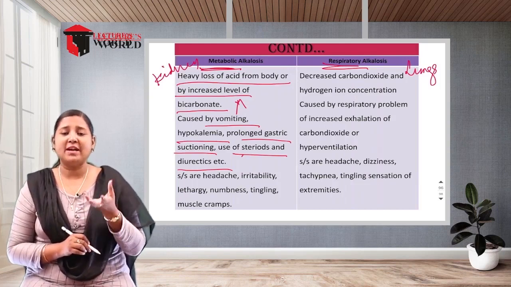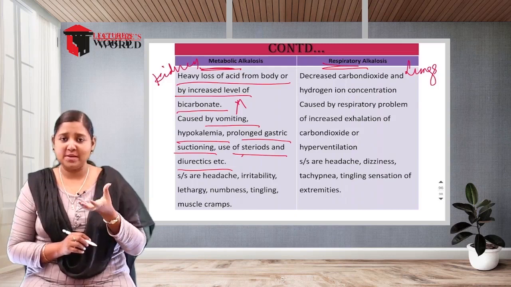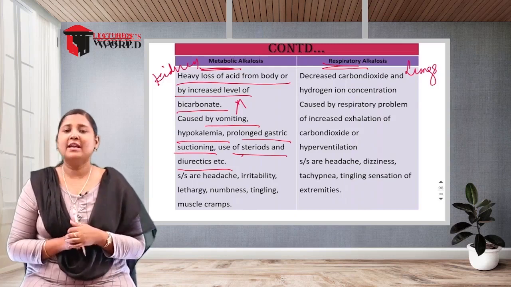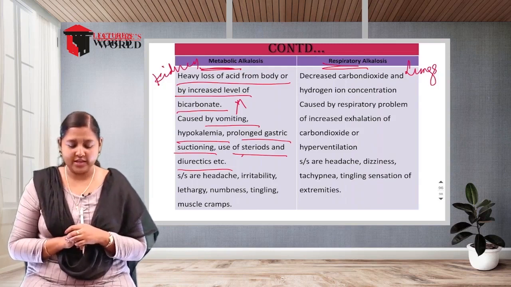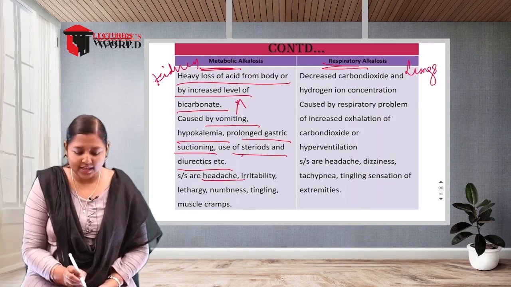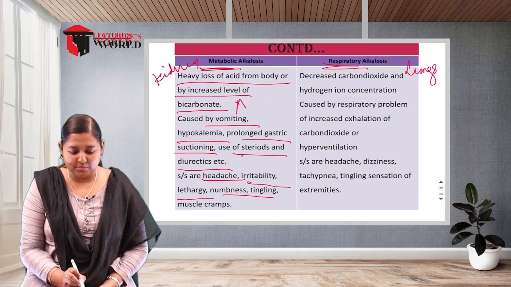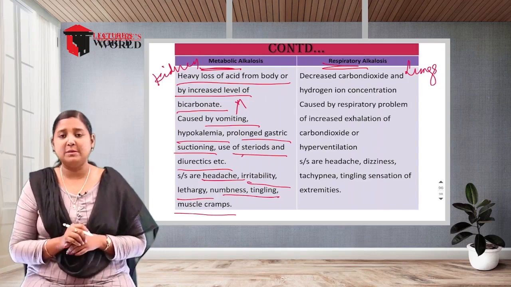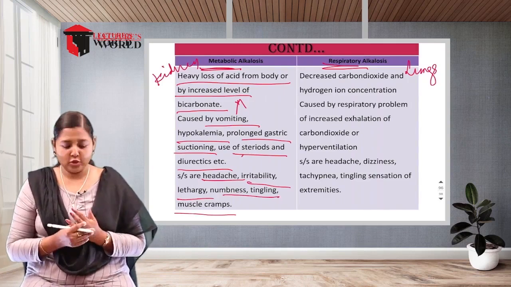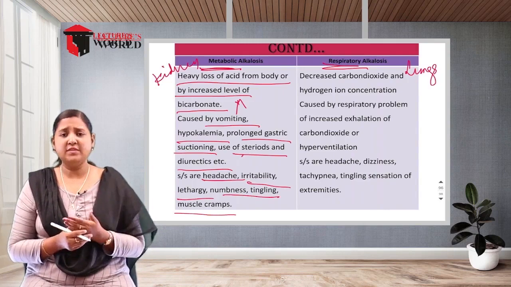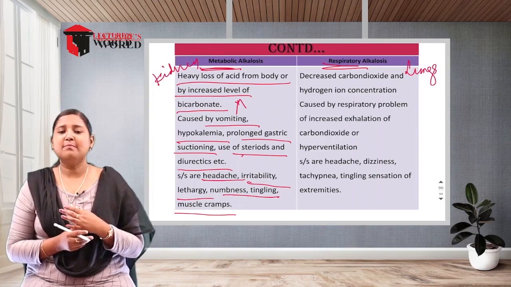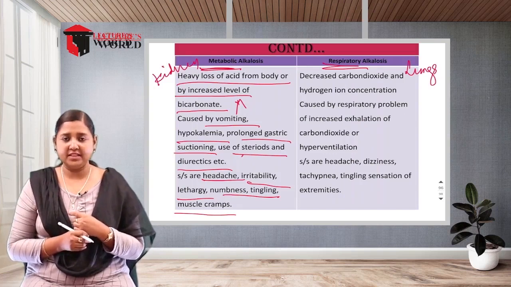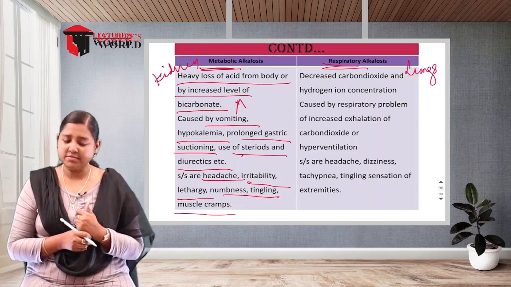So bicarbonate ions, which are a base, are more increased in the extracellular fluid compartment as they are not excreted properly. Because of that, there will be headache, irritability, lethargy, numbness and tingling, and muscle cramps. To correct this, you can go for IV fluids, which will correct the excretion, and thereby bicarbonates can be excreted by the kidney, unless the person is suffering from kidney failure.